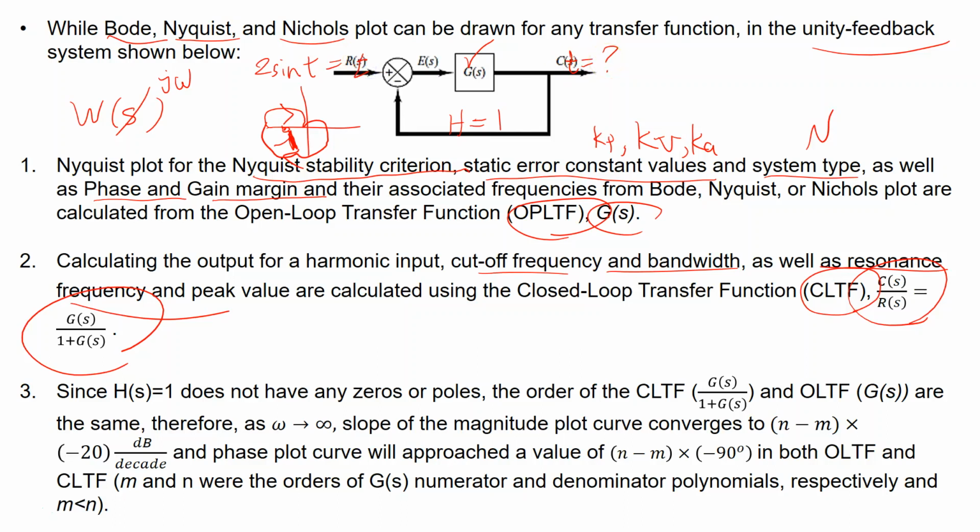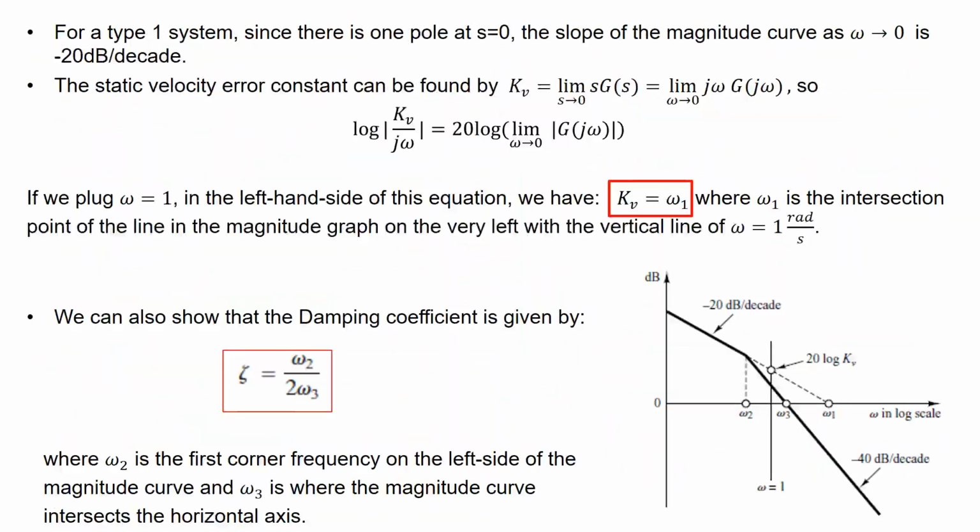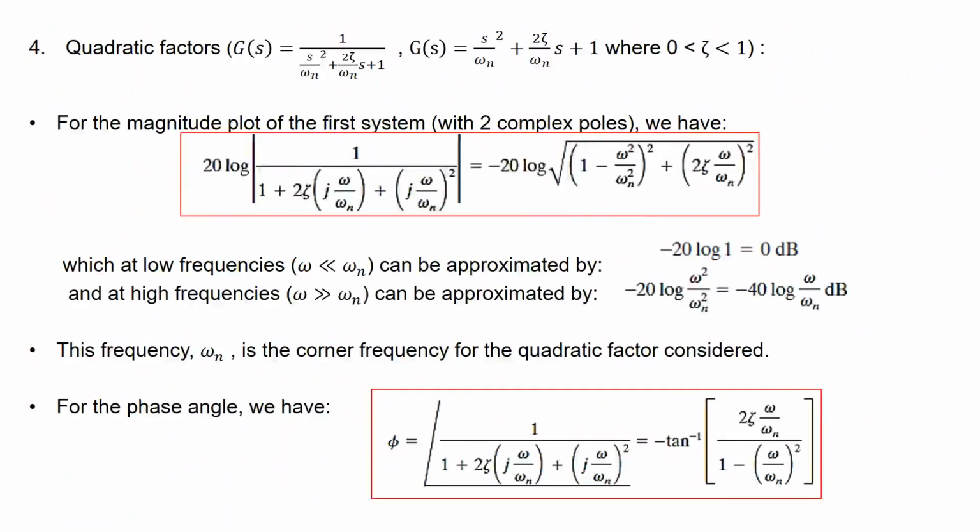Well, how would you do that? If you remember, we said that if the input has some magnitude and is harmonic, then the output will have a modified magnitude, harmonic with the same frequency and with a modified phase, correct? This is where we were in one of our very first slides.